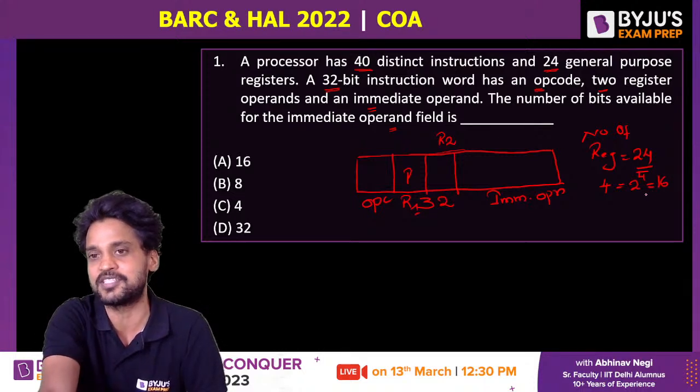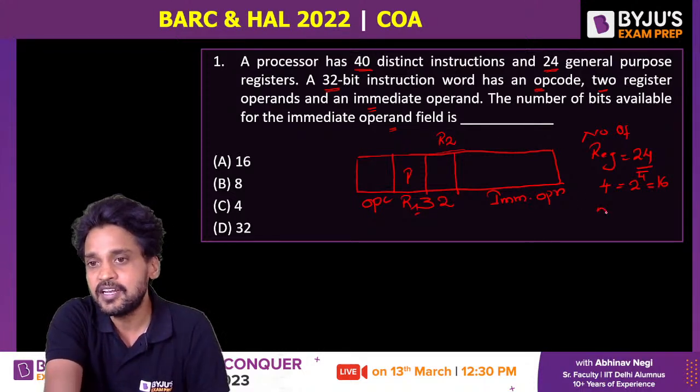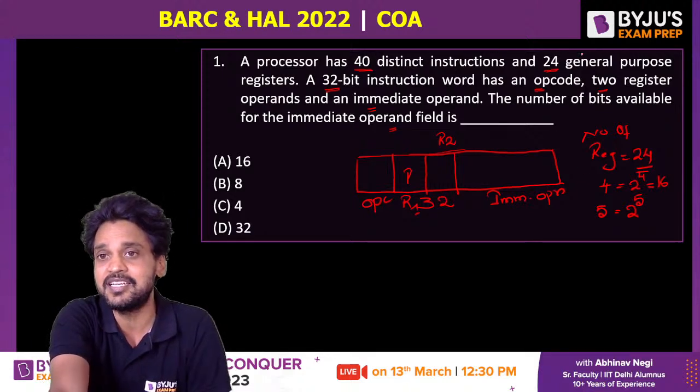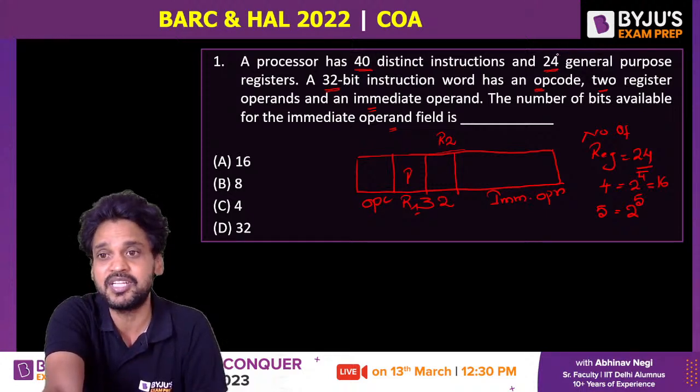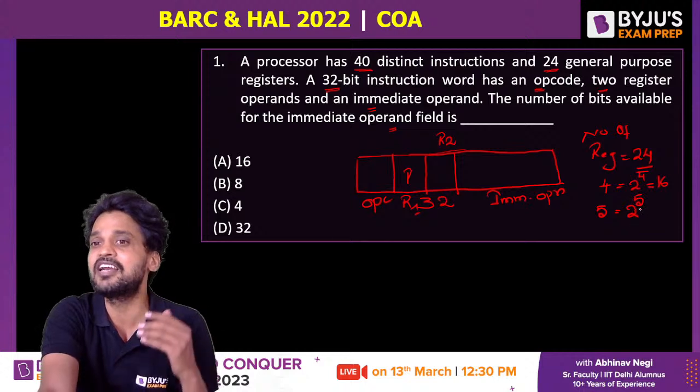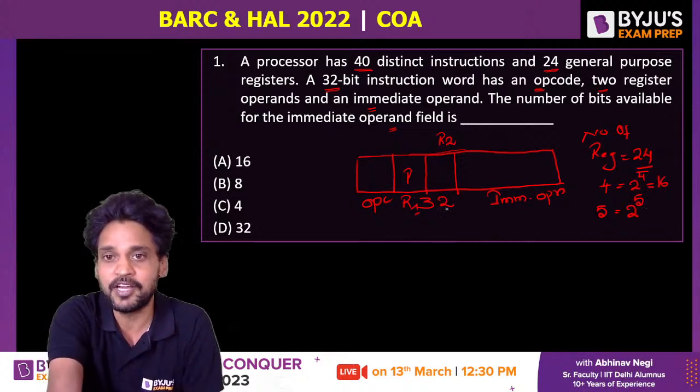If we use 5 bits for the register field, we can represent a maximum of 2 power 5 registers. So the number of registers is between 16 and 32. We should take the maximum number of bits needed to represent the 24 registers, that is 5. Although some combinations are not used, we'll go for 5 bits here. I hope you got me.